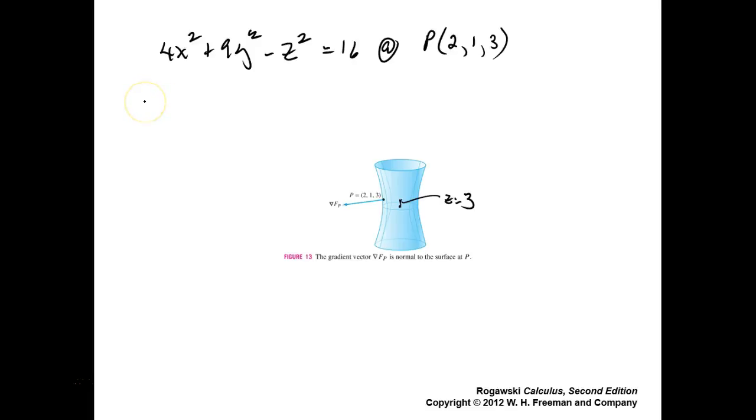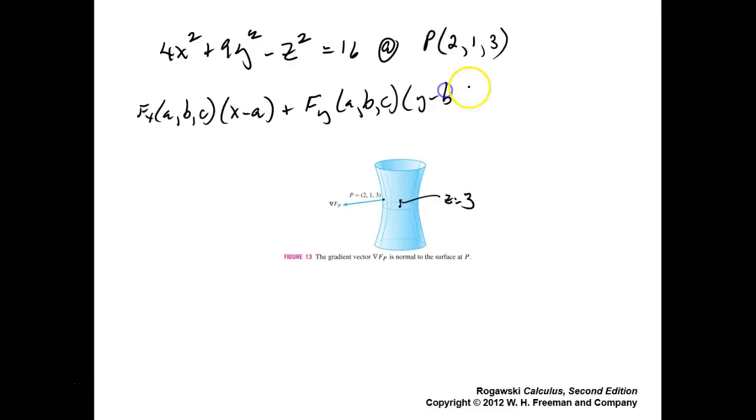Well, that equation, from what we were just given, is f sub x at (a, b, c) times (x minus a), think of that as your dx, plus f sub y at (a, b, c) times (y minus b), plus f sub z at (a, b, c) times (z minus c), and that's equal to 0. Okay, that's your equation of the tangent plane.